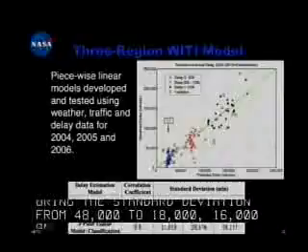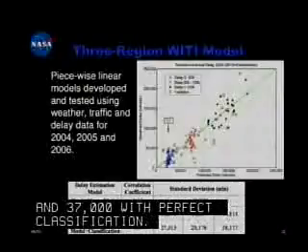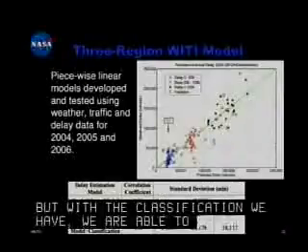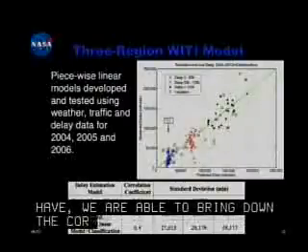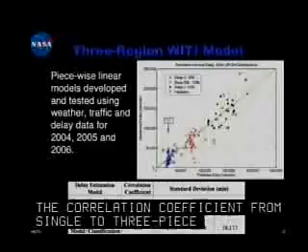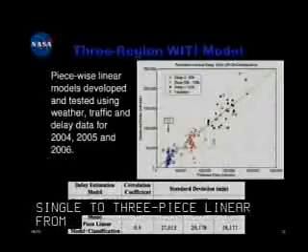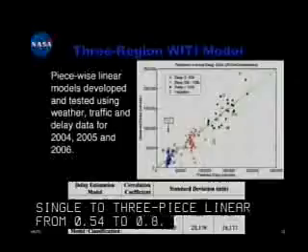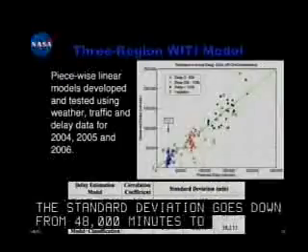But with the classification we have, we are able to bring down the correlation coefficient from single to three-piece linear from 0.54 to 0.8, and correspondingly the standard deviation goes down from 48,000 minutes to 27, 20,000, and 38,000.